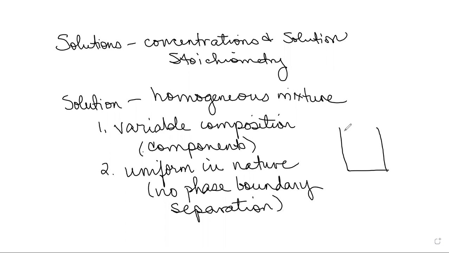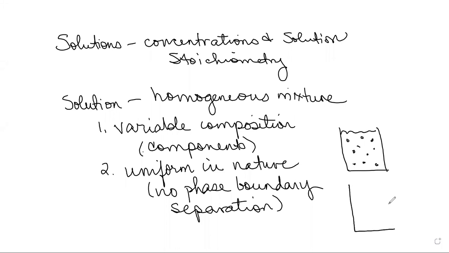So if this is a homogeneous mixture, and this is one of my components, it's going to be uniformly distributed throughout, so that if I sample in the upper left corner, it would have the same composition as in the lower right corner. So it's uniform in nature, and mixtures tend to have variable composition.